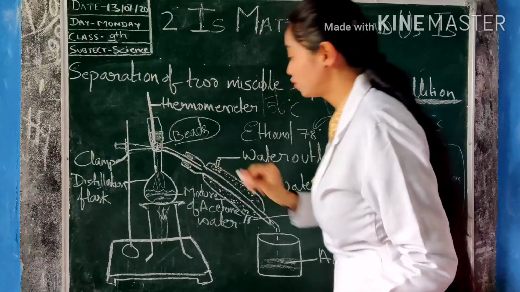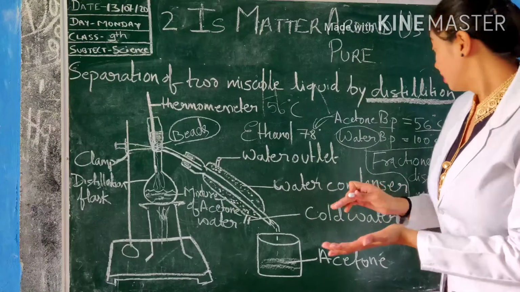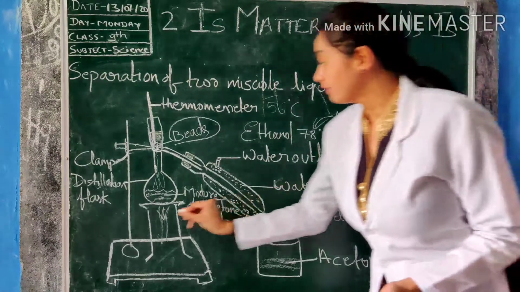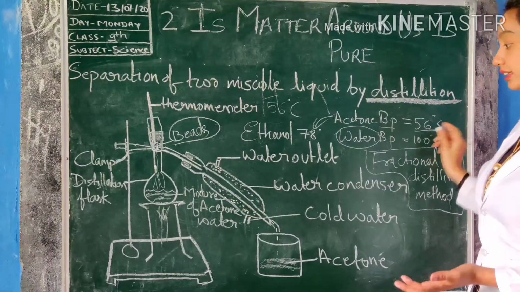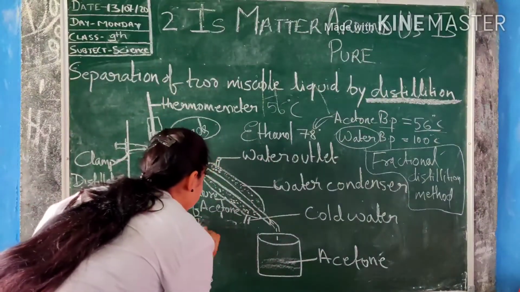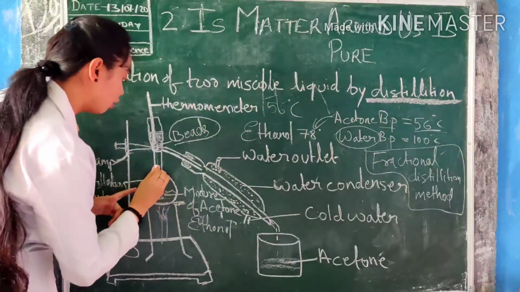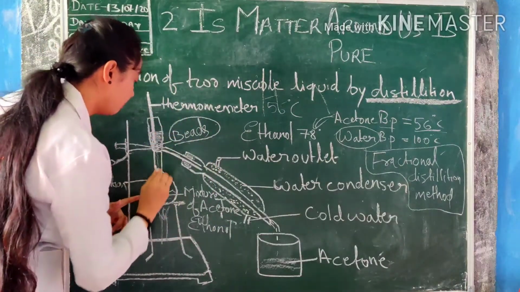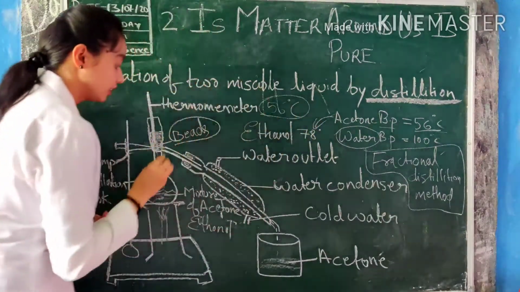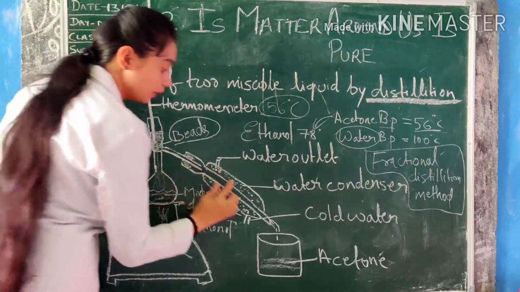These beads actually hinder the ethanol from going up, because whenever the temperature rises to 56 degrees Celsius, acetone rises up in the vapor form because it has enough energy to cross these beads and go this way.